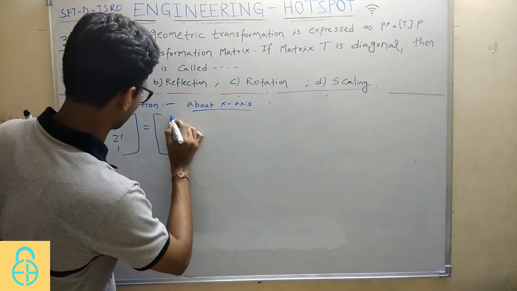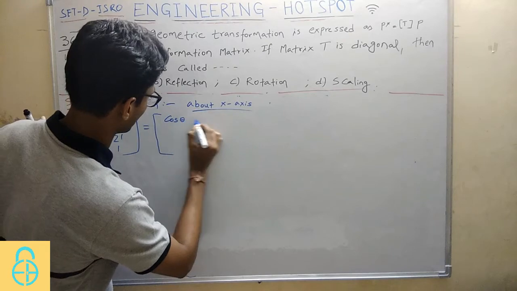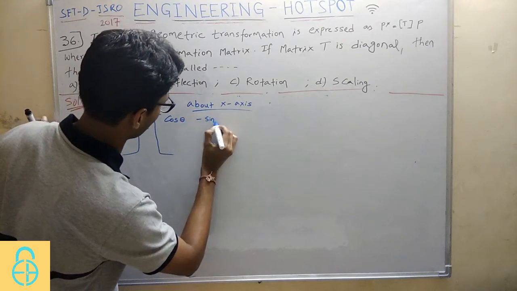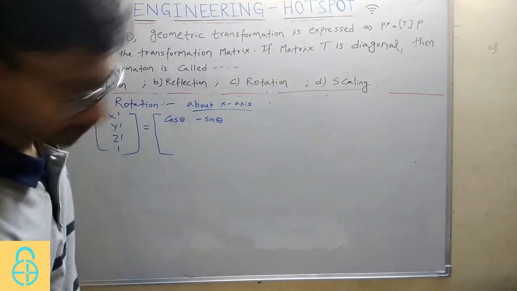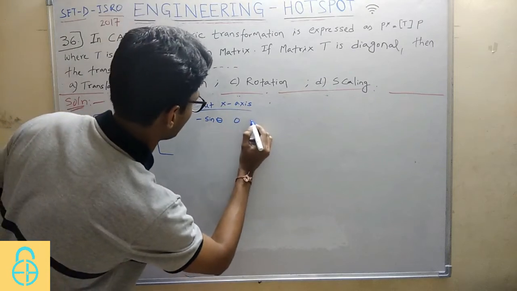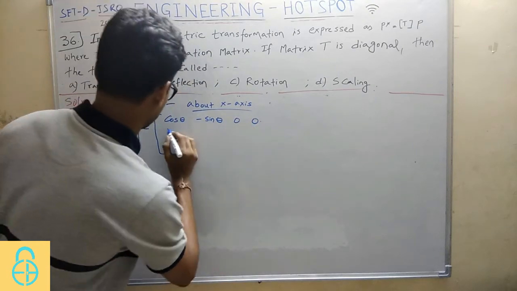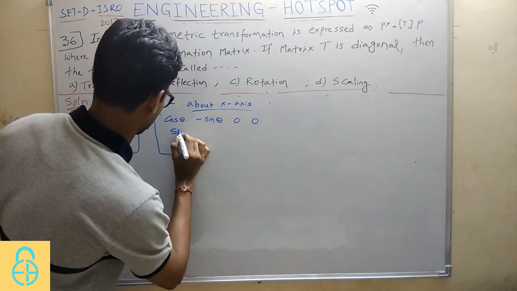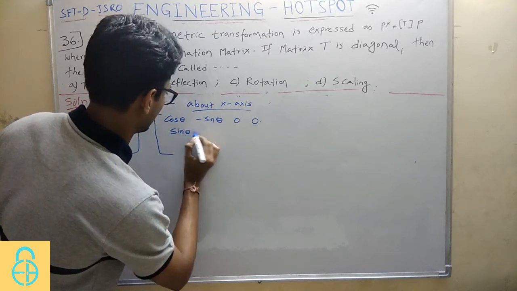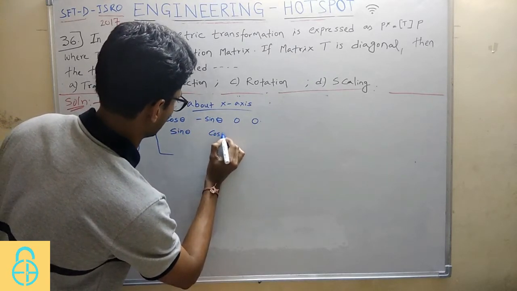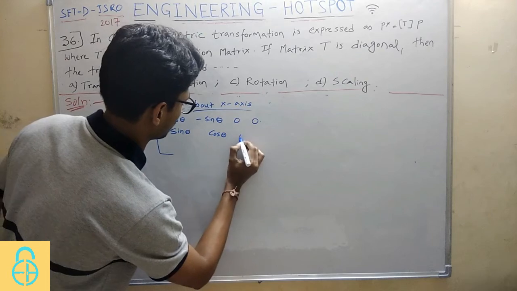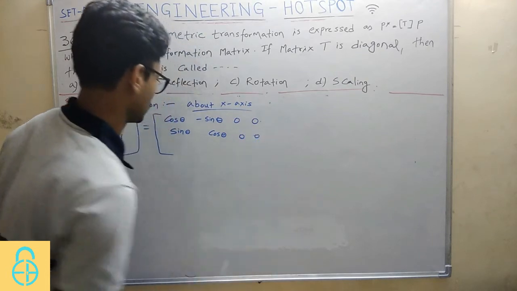cos theta, minus sin theta, 0, 0. This is sin theta. This is cos theta, 0, 0.